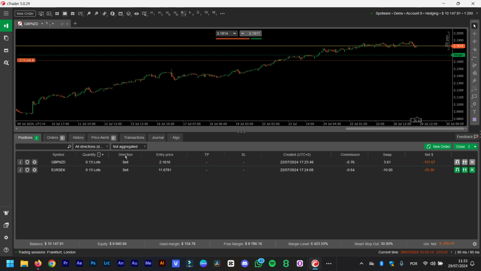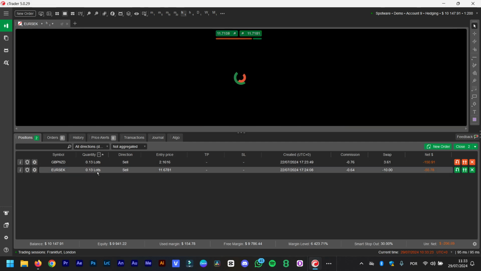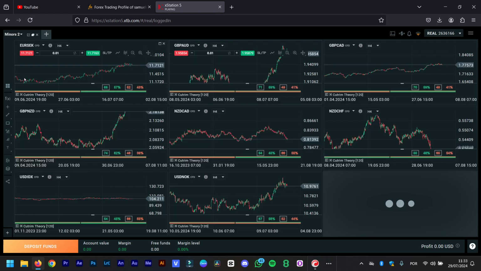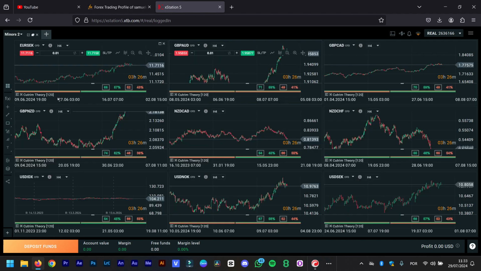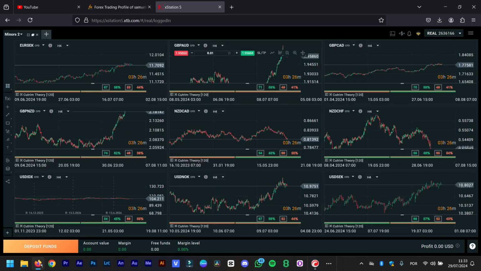Okay. I'm definitely gonna place a trade here. NZD is negative. Euro SEK negative. Let's see. GBPAUD is very stretched out upwards.